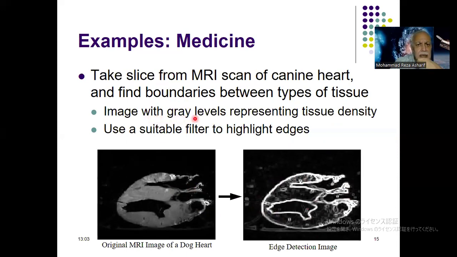The image has gray levels representing tissue density, and we use a suitable filter to highlight the edges. If you highlight here, maybe you can find a problem with the heart. This is a medical example, and it is very simple. Later we go to more complicated ones.